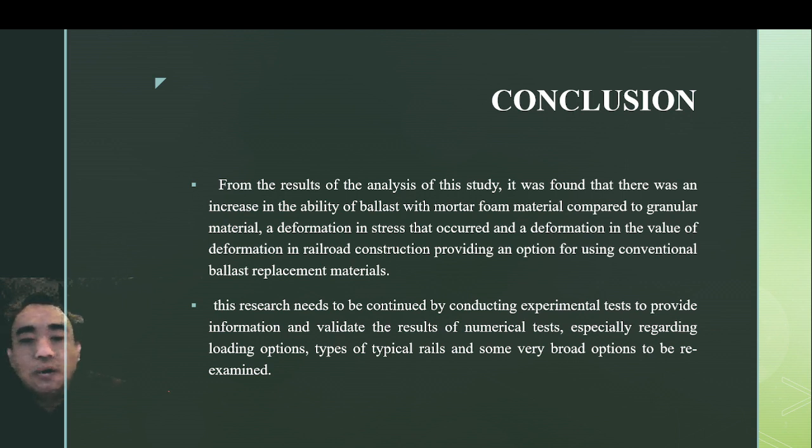This research needs to be continued with experimental tests to provide information and validation of the results of numerical tests, especially regarding load options, type of typical rail, and some very broad options to be re-examined.